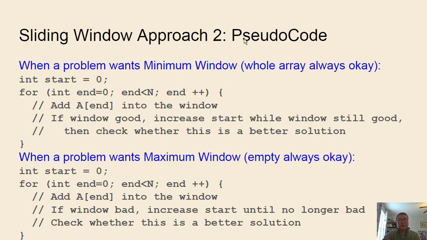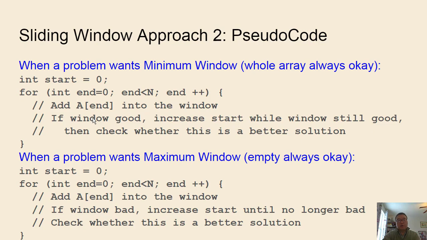And this is the pseudocode for using approach 2 when a problem wants a minimum window. The outer loop is going through the end, and since we are considering a new end, we'll be adding the new element into the window.